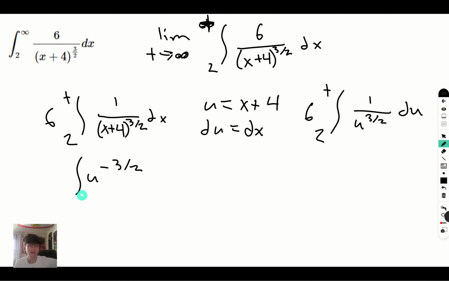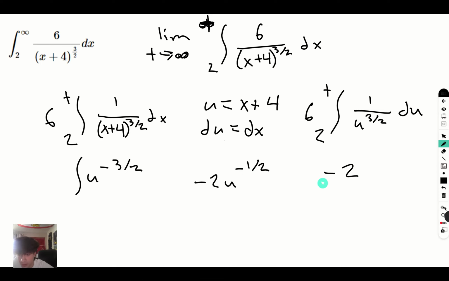And when we do this integral, what do we get? We have to add 1, which gets us negative 1/2, and then we have to divide, so that gives us negative 2. So negative 2u to the negative 1/2 is the answer for the integral, and when we put it in terms of x, because u is x plus 4, I'm going to put this on the denominator to make that positive.